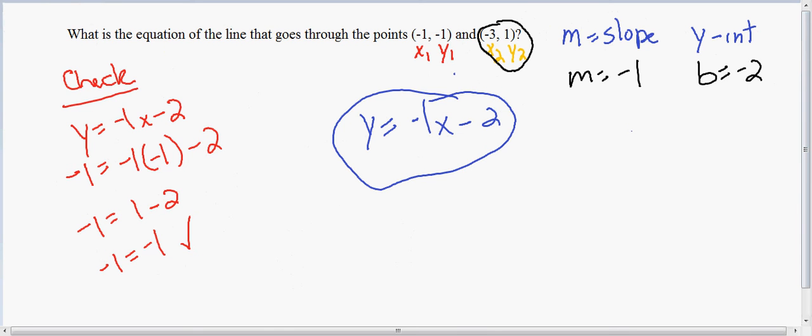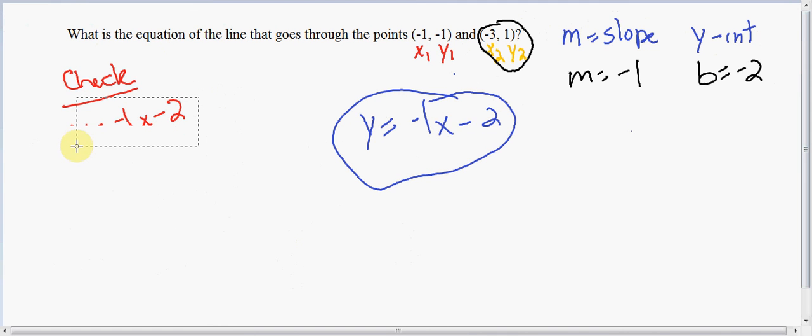Now, I'm going to make some more room again. So let's check that the other point works. Since I erased it, I'm going to write down my equation again and plug in negative 3, 1.